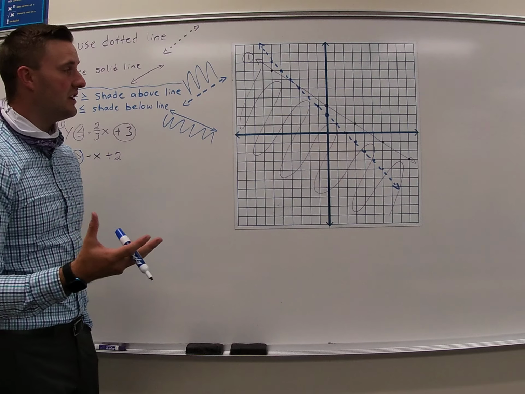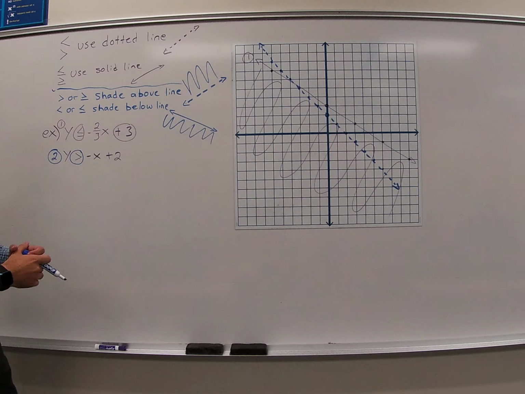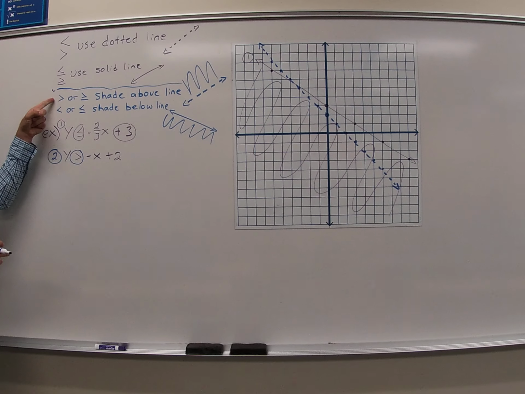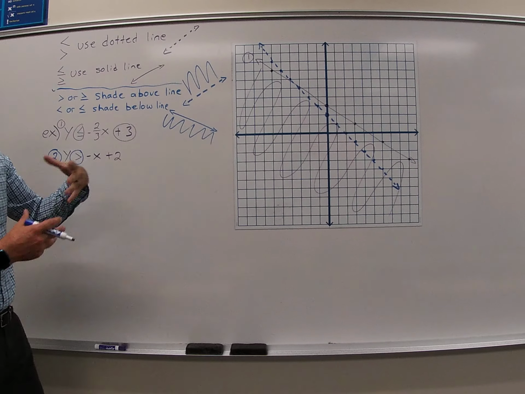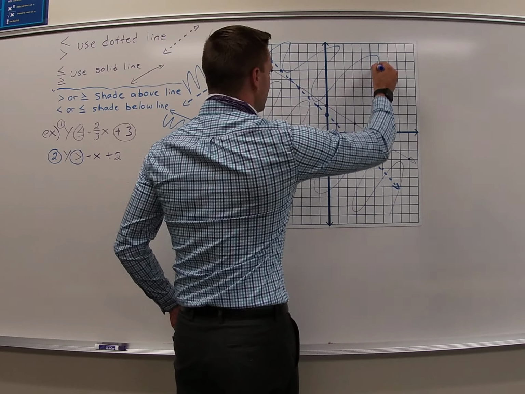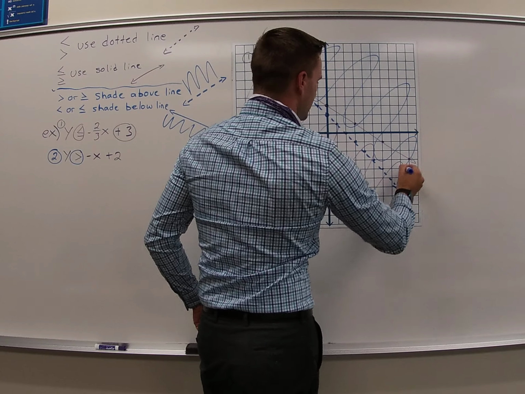That was important for equations, not quite as important necessarily for inequalities. But now, what about the shading? I want to shade above the line because it's a greater than symbol. So I'm going to shade above this blue line, meaning all of these solutions here would be solutions to this inequality.